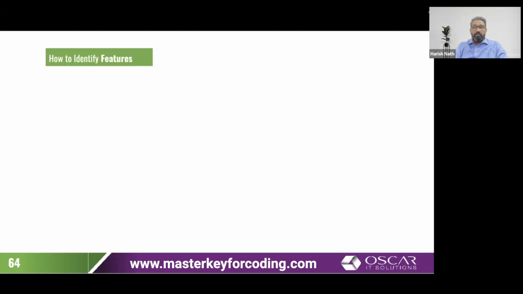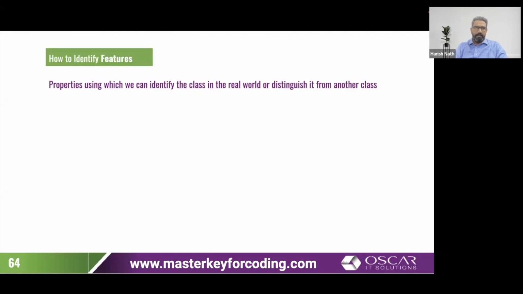Now, how to know what features to take, what data to have? Simple. Properties using which I identify the class in this world, or how I distinguish one class from the other, are the features. If I take a book, how do I know this is a book? Because it has some pages in it, because it has some title, because it is associated with some author, then I mark it as a textbook.